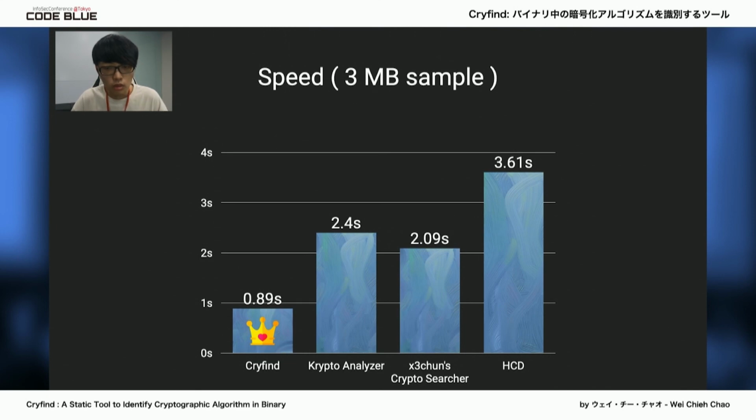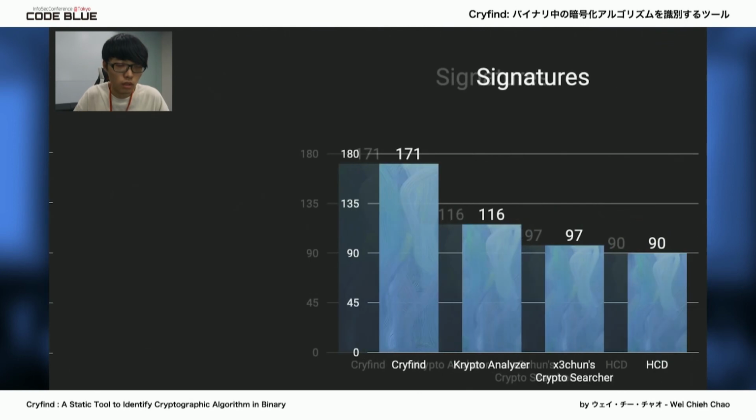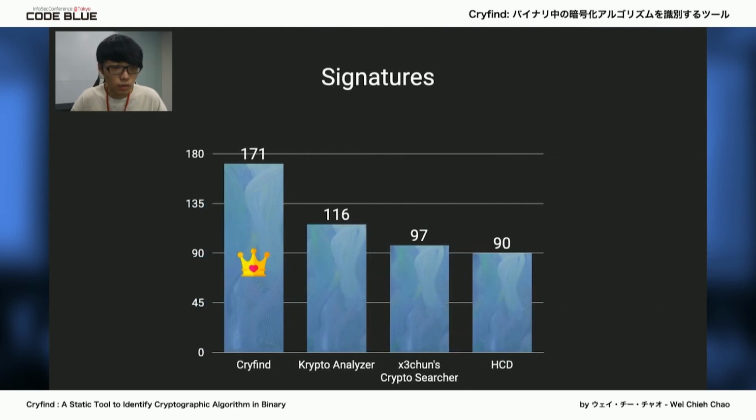Our tool uses only 0.89 seconds to analyze the binary, while other tools need more than 2 seconds to do that. So we are better in performance against other tools. As for the cryptography signatures, our tool also has a larger collection than other tools.